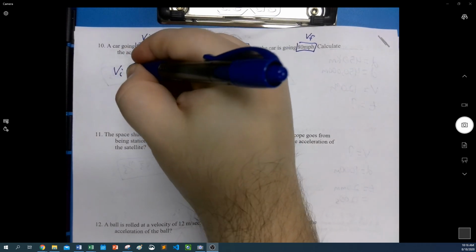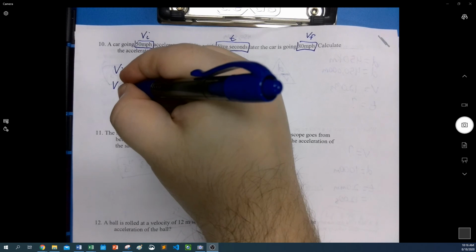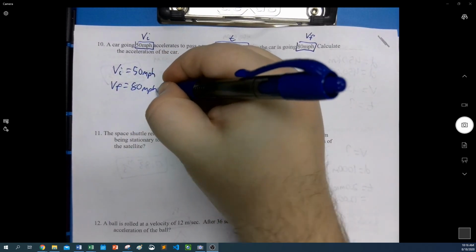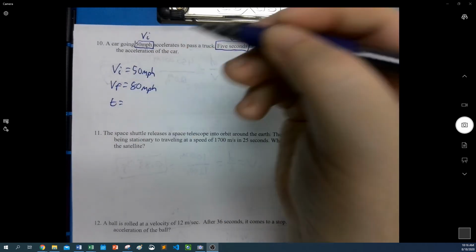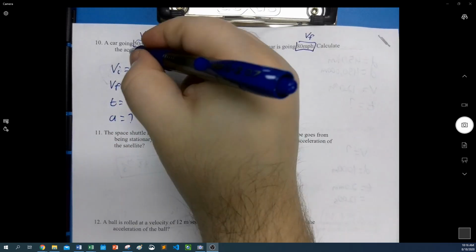So we got VI is equal to 50 miles per hour, VF is equal to 80 miles per hour, time is 5 seconds, and we're looking for acceleration.